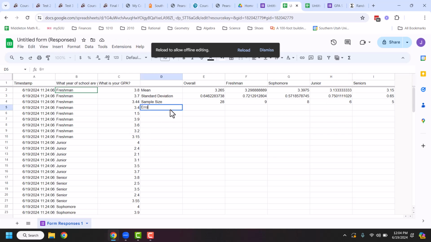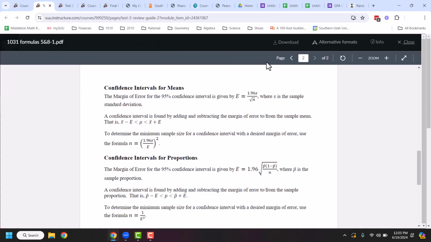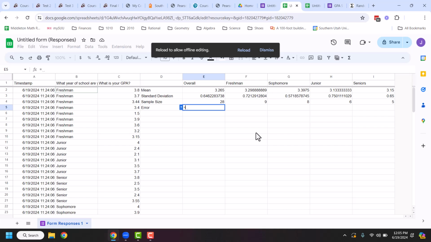And if I wanted to find the error, I would use that formula, which I forgot what it was, 1.96 times the standard deviation divided by the square root of the sample size. So that's my error.